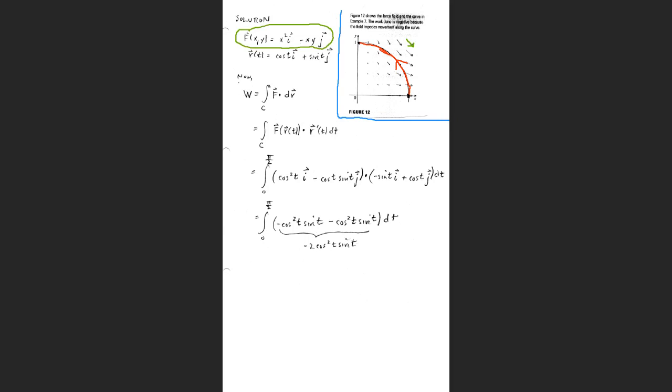Now, how do they get those force field vectors? They used a program, and I'll just tell you, if you go to the MATLAB programs and look under section 13.2, there's a MATLAB program that will draw a force field on top of a space curve, and it actually reproduces this picture in figure 12.